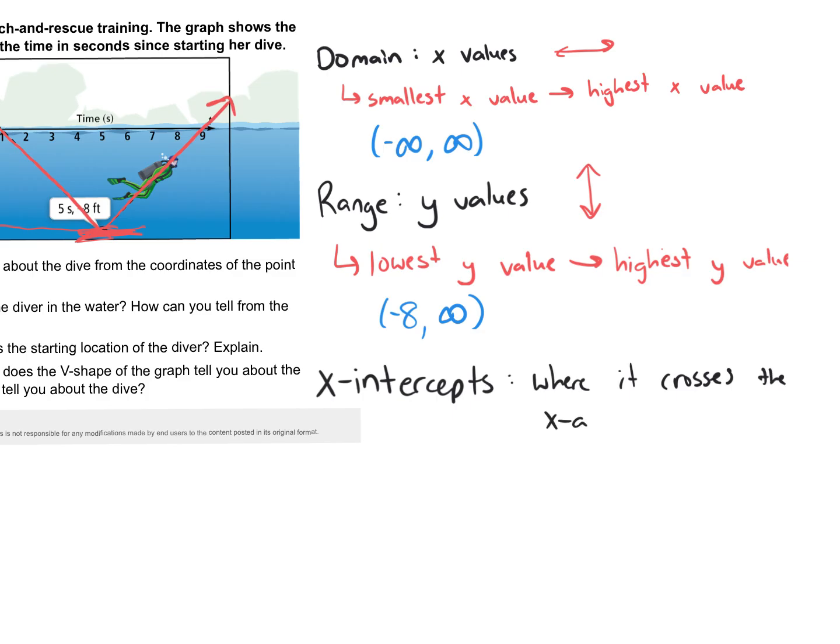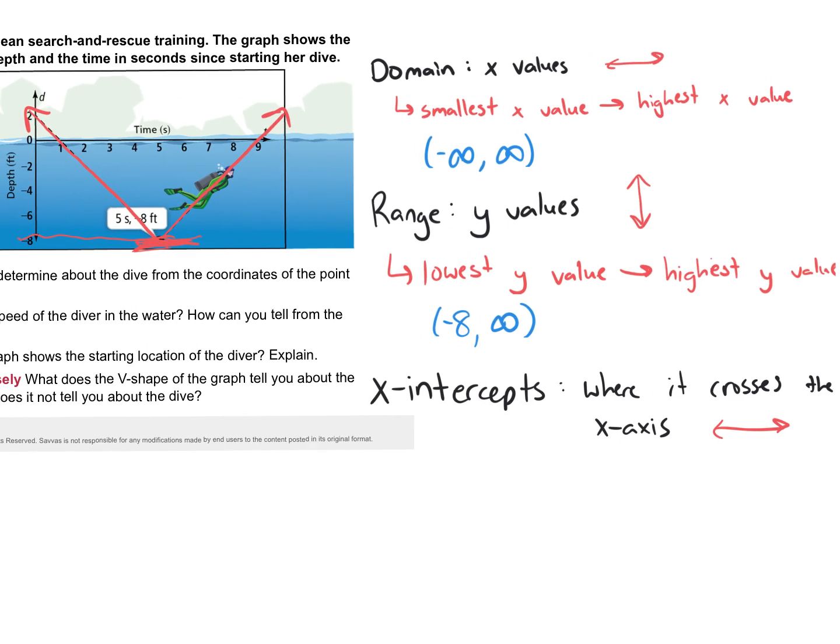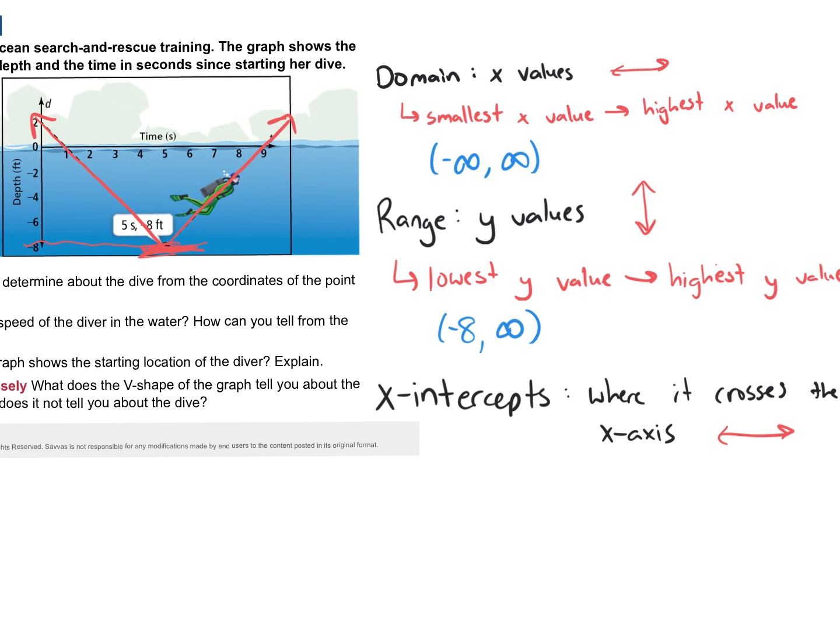And again, which one is the x-axis, side to side or up and down? Side to side. Yep, so we're still looking side to side. On your paper, I want you to put points where there are values that cross the x-axis. I'll do this one with you.